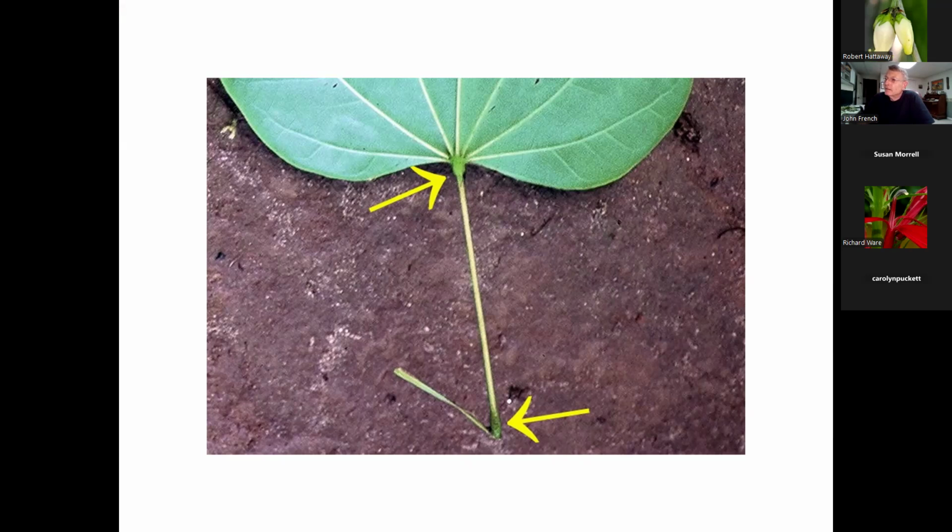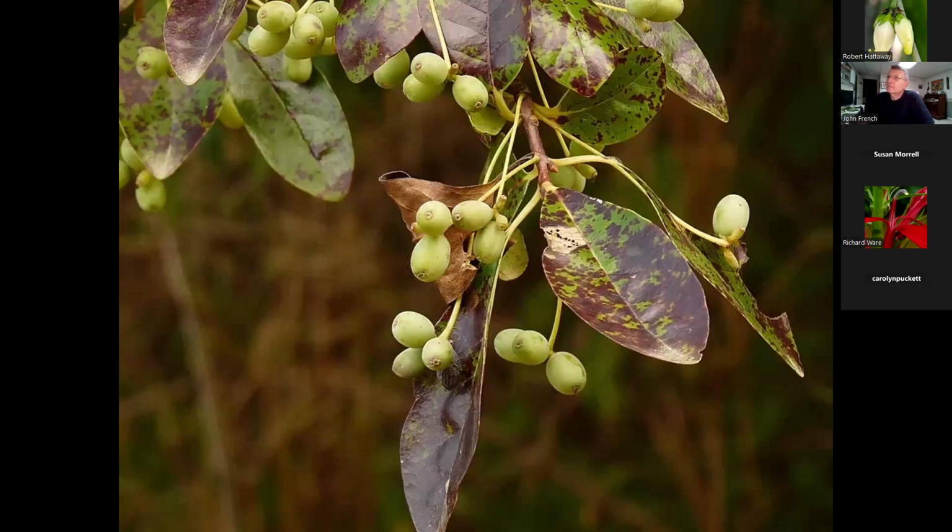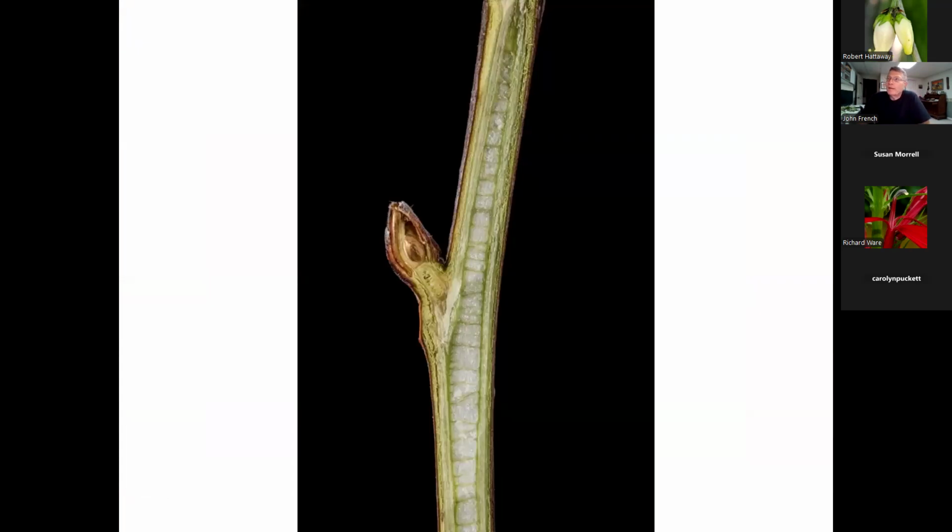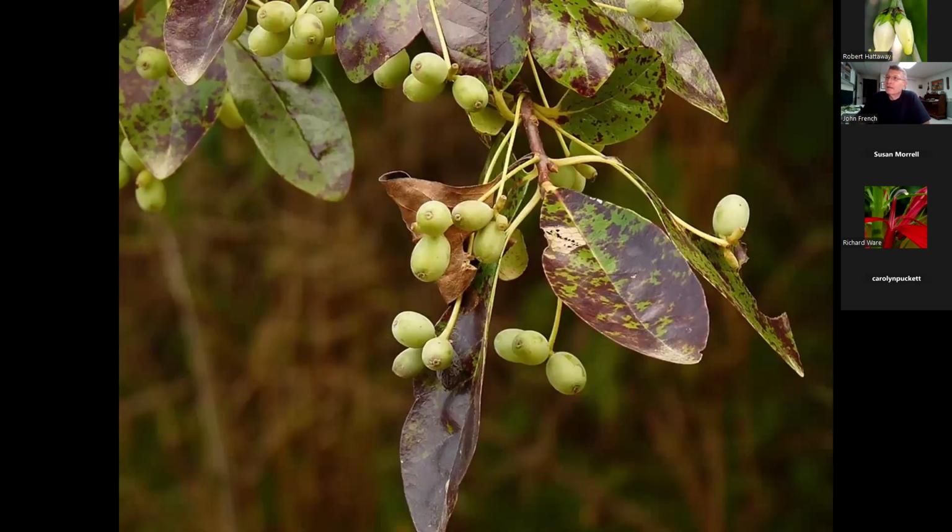Did we have a pith picture? Well, the leaf is not deltoid ovate. That's an elliptical leaf. So we choose where to get lost here. Leaves not broadly deltoid ovate or cordate. Okay, number 32.